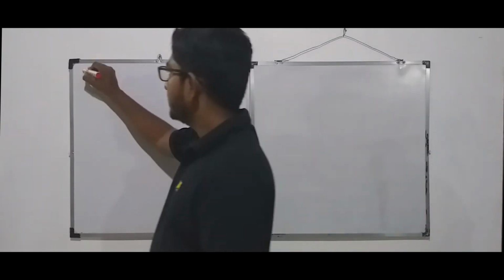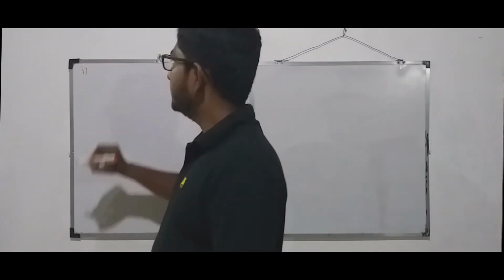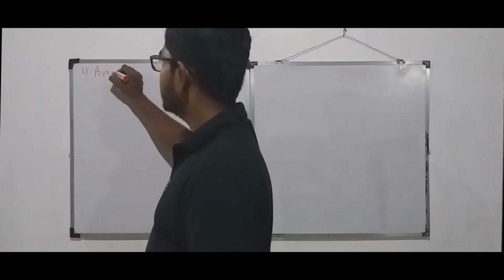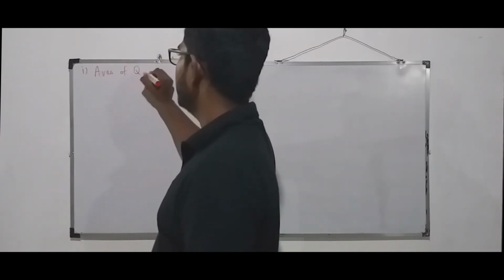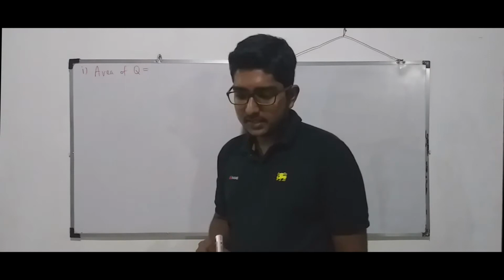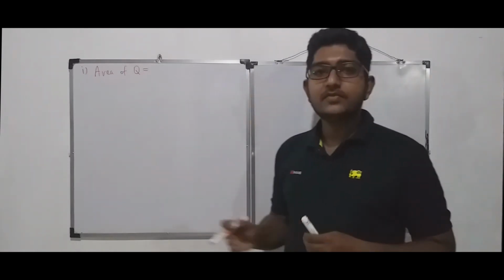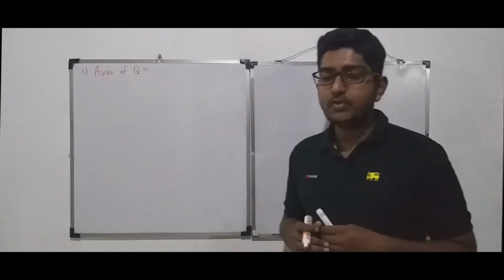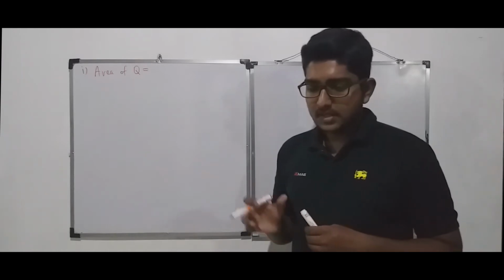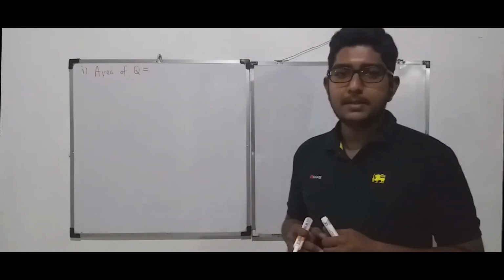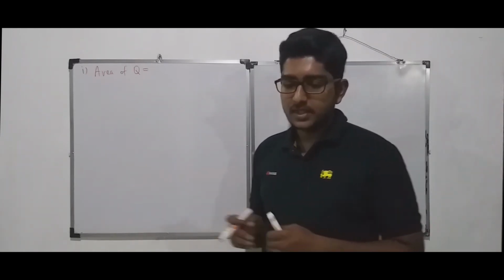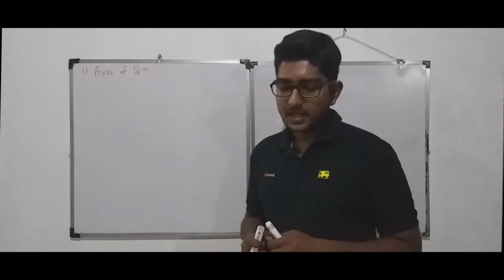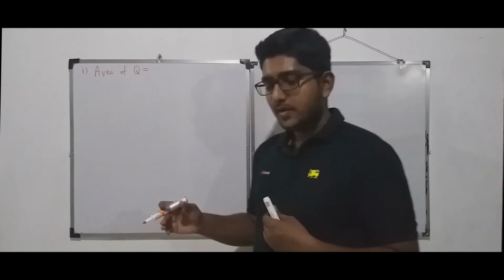So from the diagram we have to identify the length and breadth of this Q section. So area of Q will be, length is, entire length of the metal sheet is 4. Length of a side of section P is x. So length of Q will be 4 minus x.